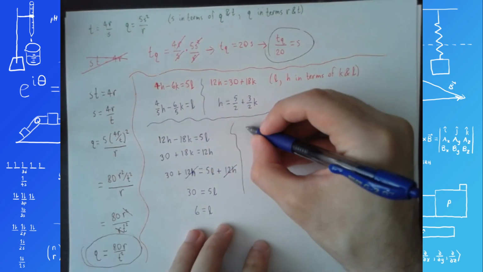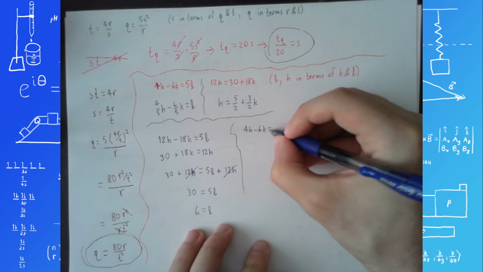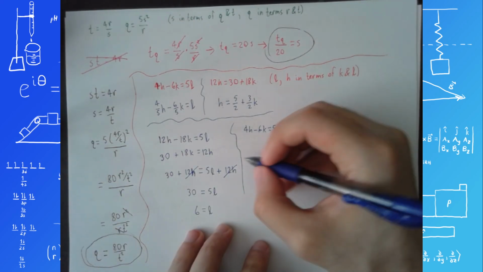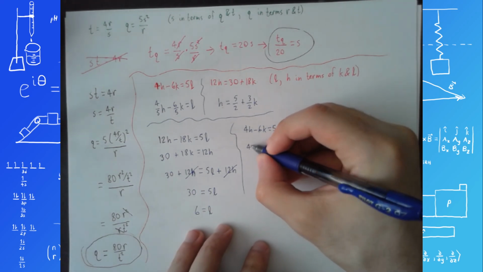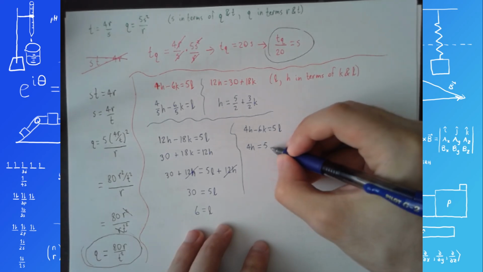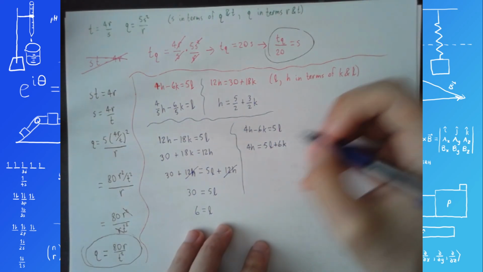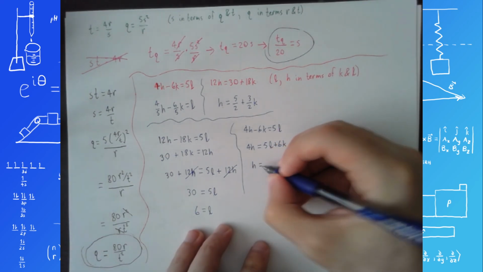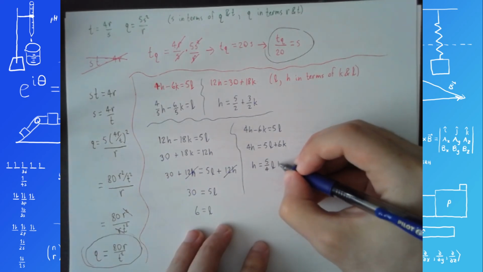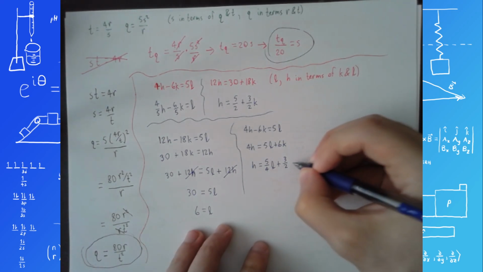You could take the first equation, 4h minus 6k equals 5L, and add 6k to both sides, you get 4h equals 5L plus 6k, and then divide by 4, and you get h equals 5/4 L plus 6/4, or 3/2, of k.